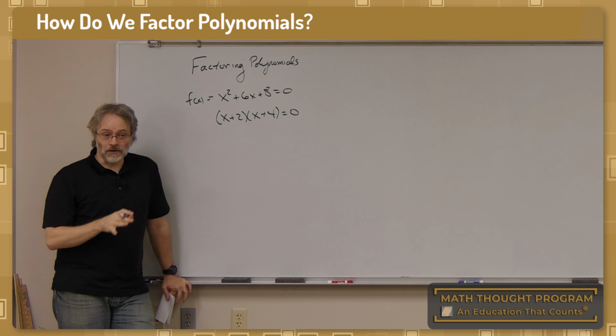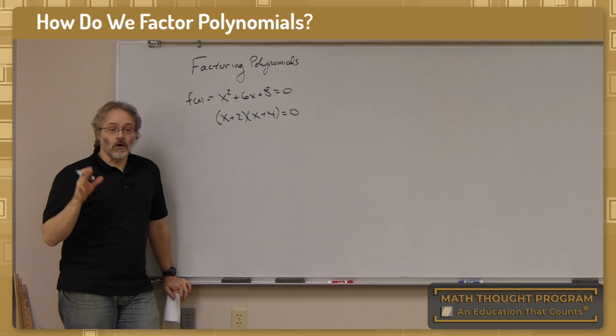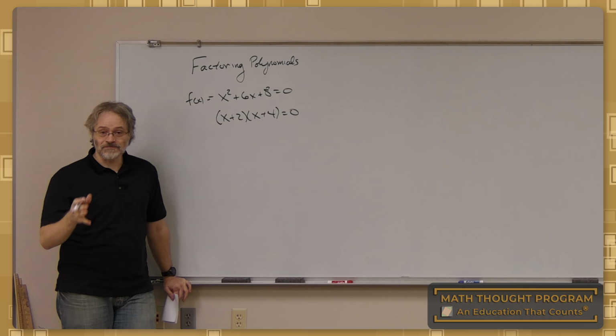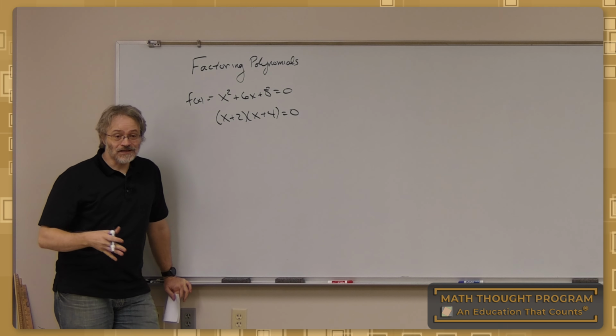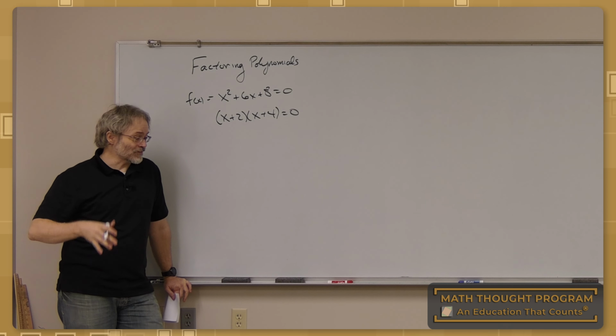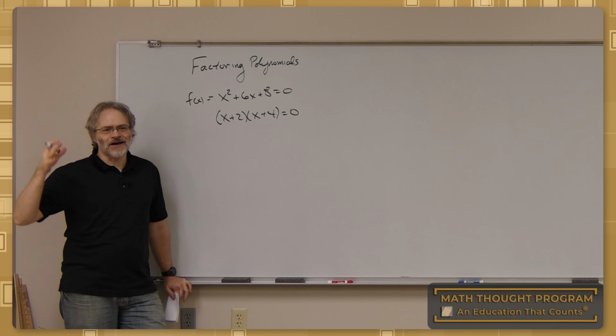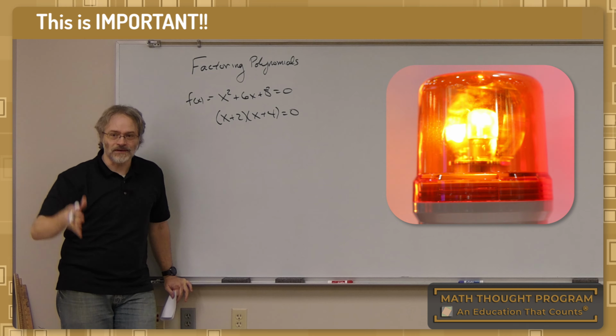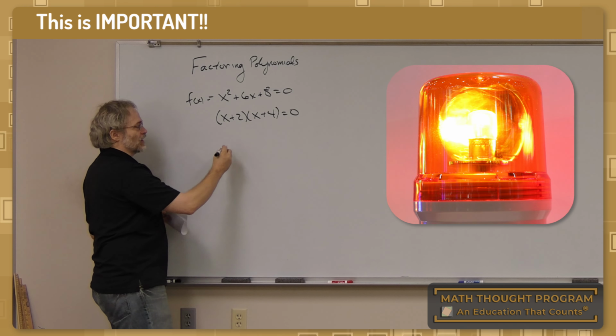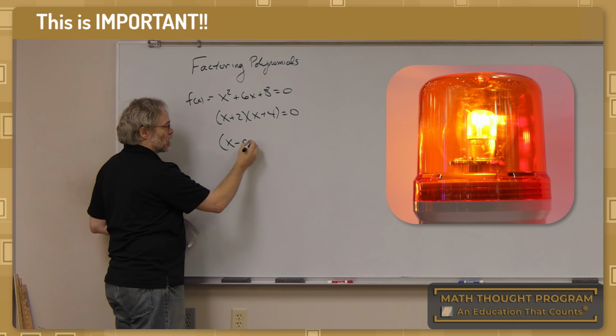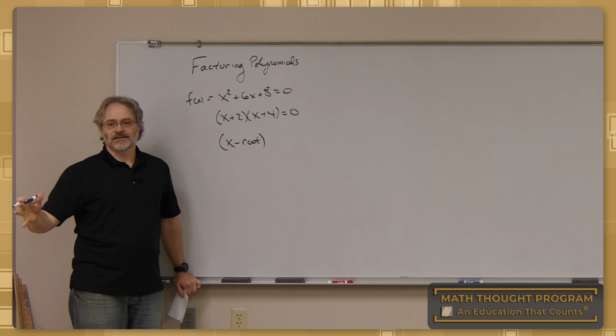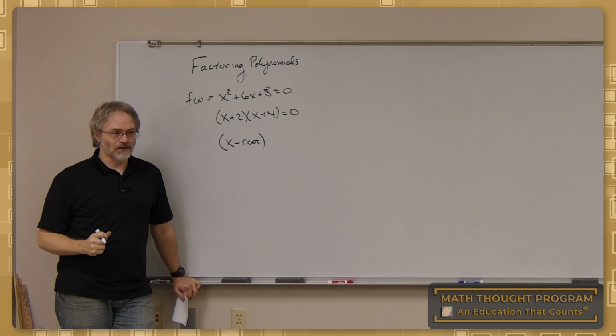Whenever you factor a polynomial, it doesn't matter if it's a Monday, doesn't matter if it's a Tuesday, doesn't matter if there's a comet outside that's from the interstellar, it does not matter. It will always, always factor as x minus the root. Always, when you're factoring a polynomial.